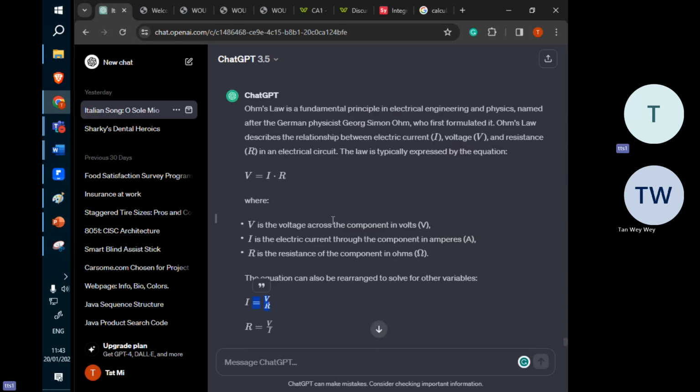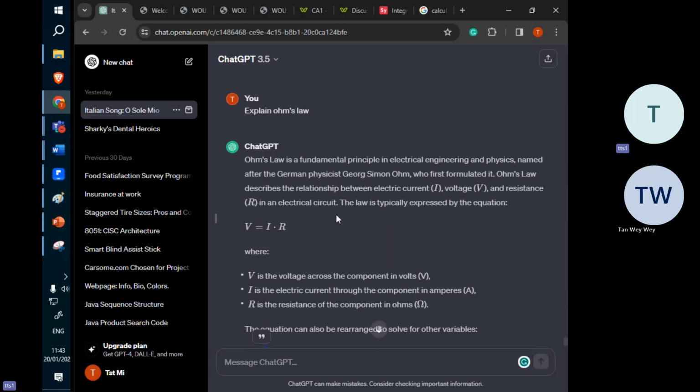Ohm's law tells you about these three properties: current, resistance, and voltage. They are properties in the circuit, and they have a relationship.